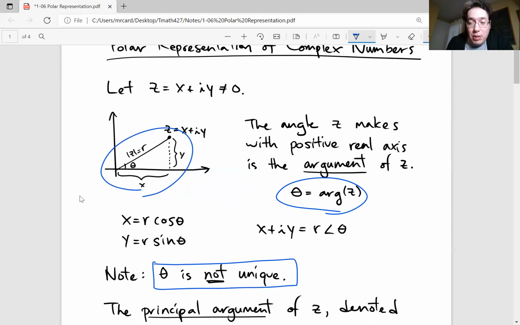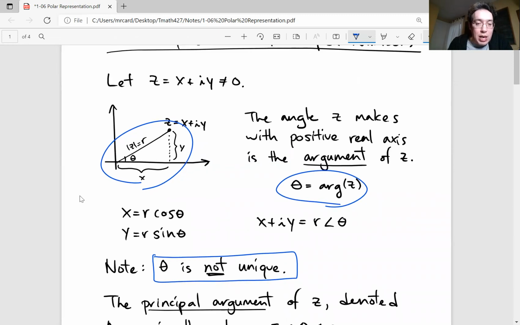So if any particular angle works, you could add or subtract any multiple of 2 pi. These are always measured in radians to get other arguments that also work. So sometimes that comes in handy, and other times it's a nuisance because there's multiple cases to check. But that's what we're going to call the angle argument.